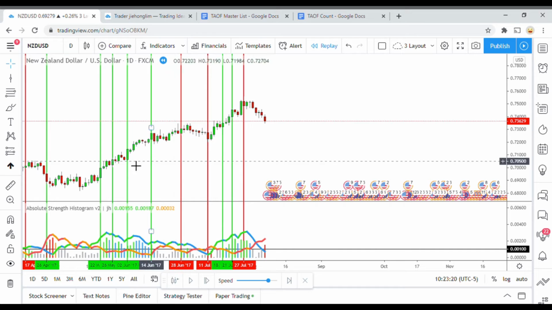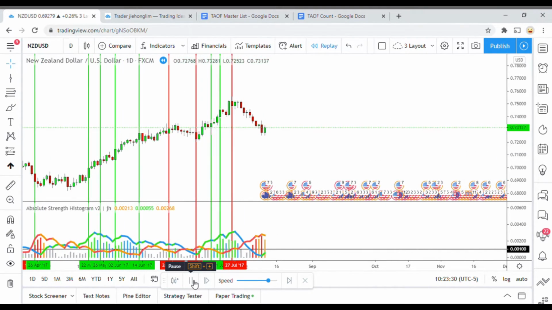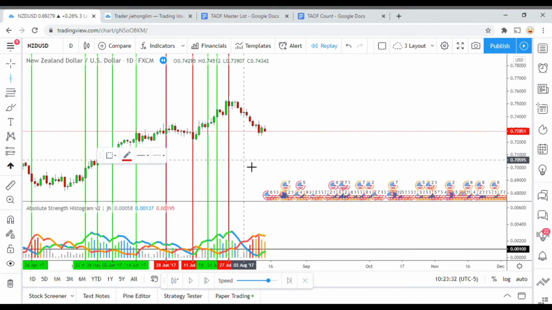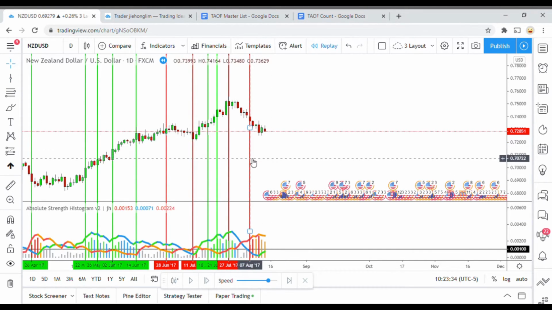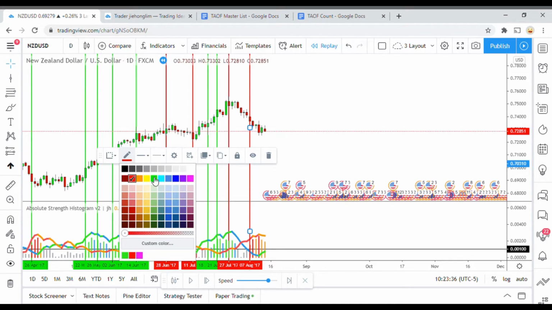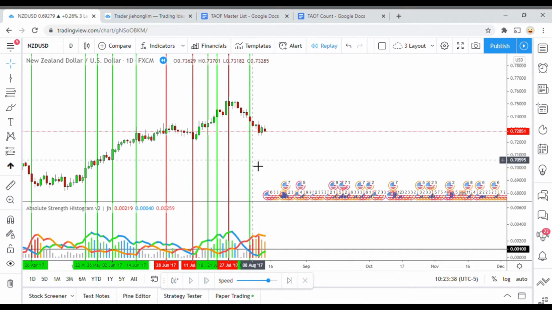This video is taking a while for us to get through, so I'm going to try to bang through these signals really fast here. Alright, so we have a short signal right there. That would have got us to take profit. We would have been in on another one right there.